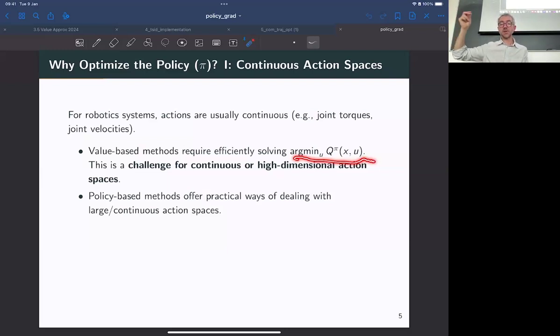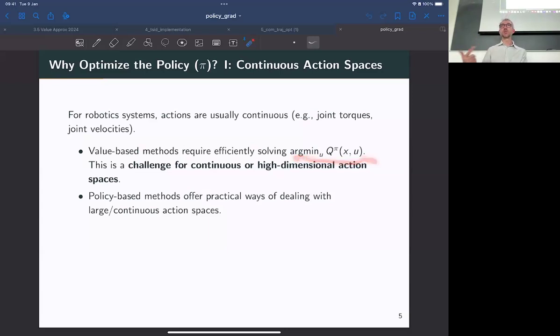And in everything we have seen, that was not an issue because the action space was discrete. And so this minimization boiled down to simply evaluating the action value function for all the actions. If you have, I don't know, 100 possible actions, you just evaluate Q 100 times, and then you keep track of the minimum value. And that tells you what is the optimal action.